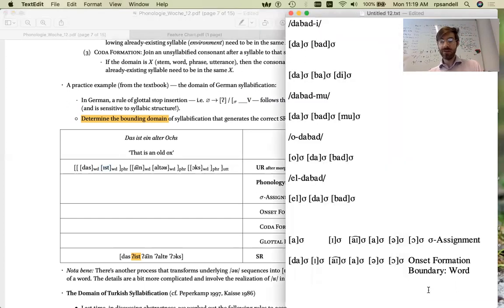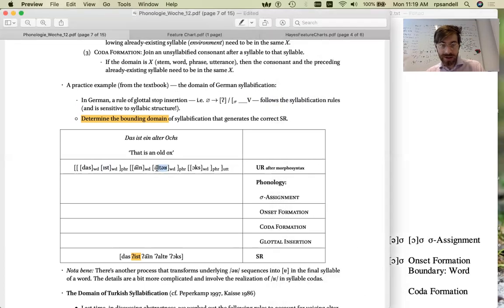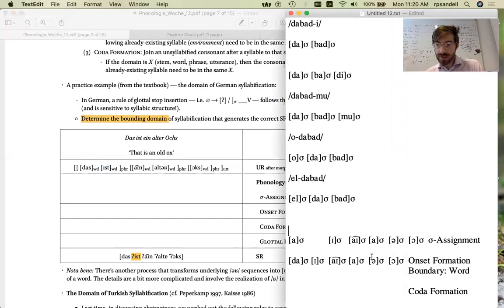And at this phase, then, when coda formation applies, the only onsets that could have been added were in the adjective alta, this syllable. We have the ta to add there.